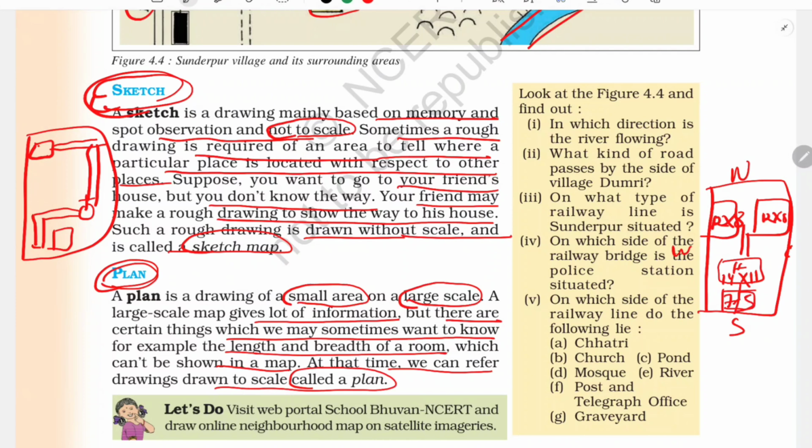Here you will have your parking area, your main gate will be here, and your toilets will be over here. Proper shape and size and information in full detail is given. When you find such a detailed map, what we call it is a plan. I hope you have understood.